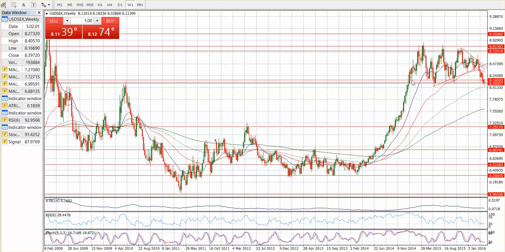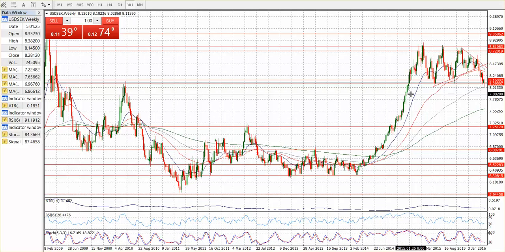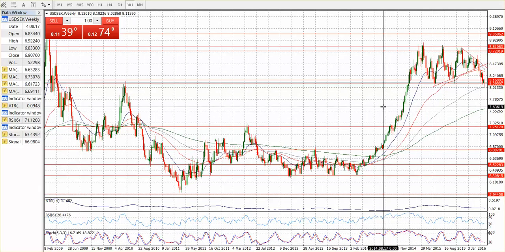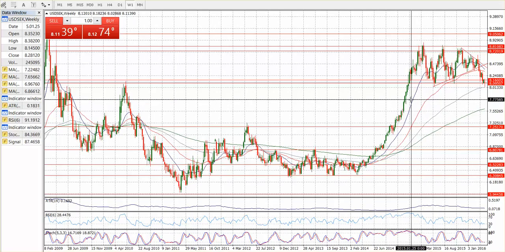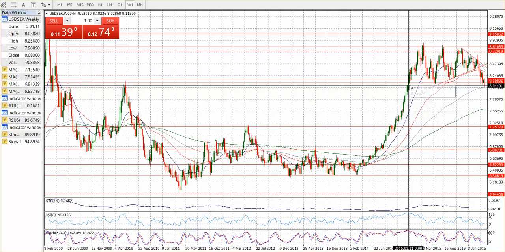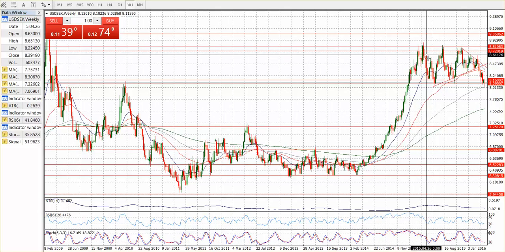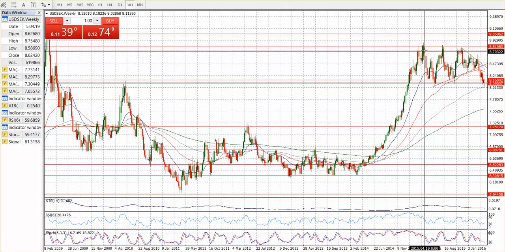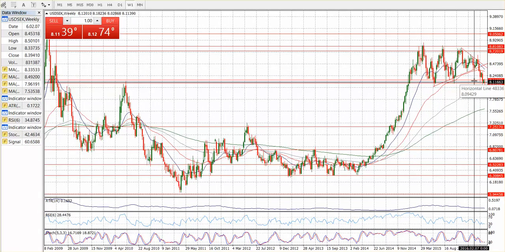you can see that since sort of November-ish, around this date here, it's going higher highs, higher lows, higher highs, up and down within a range here.